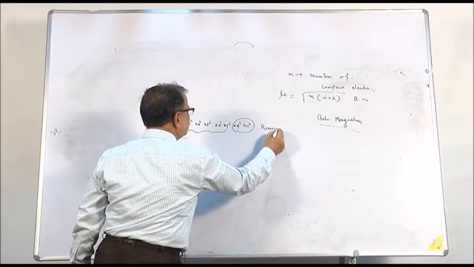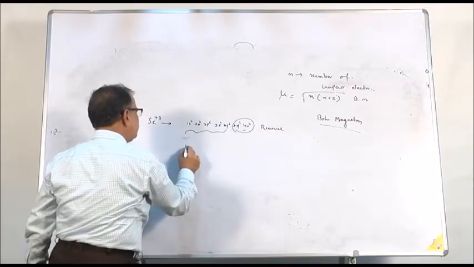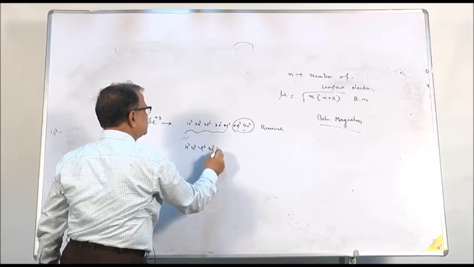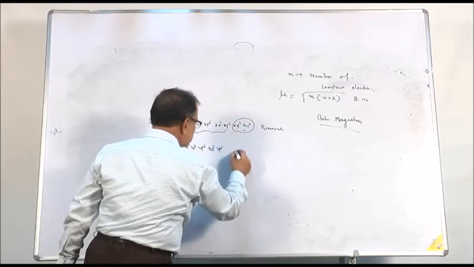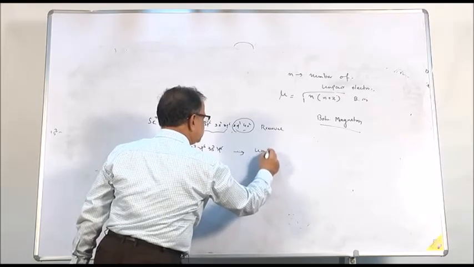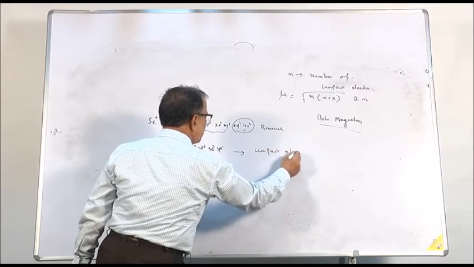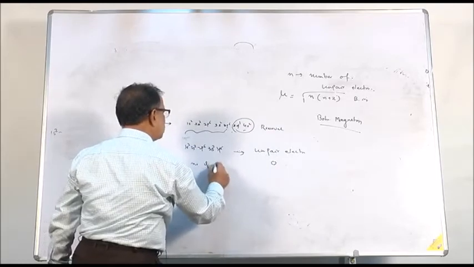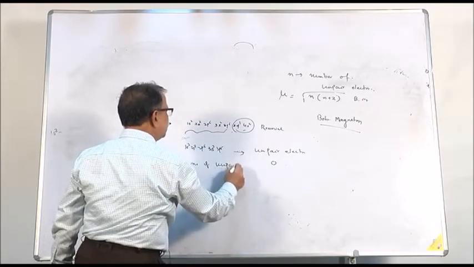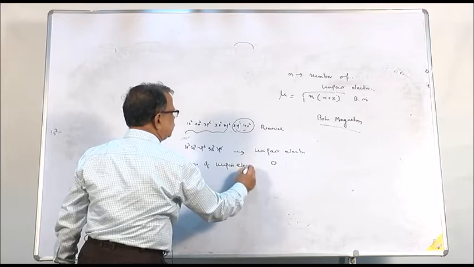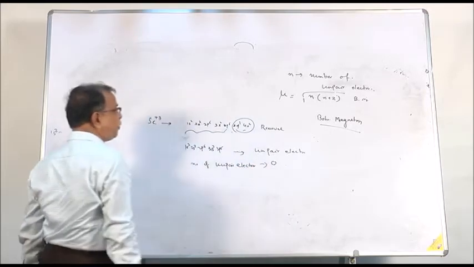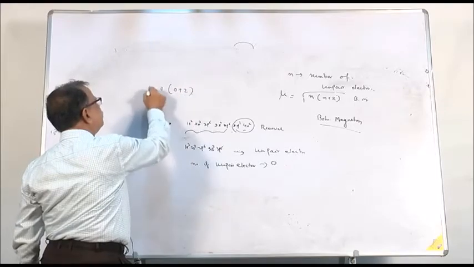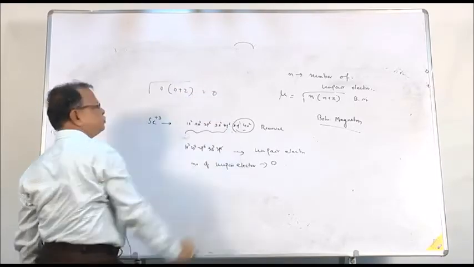After removal we get 1s2, 2s2, 2p6, 3s2, 3p6. Hence it does not contain any unpaired electrons. The number of unpaired electrons is 0, so 0 times 2 gives 0.